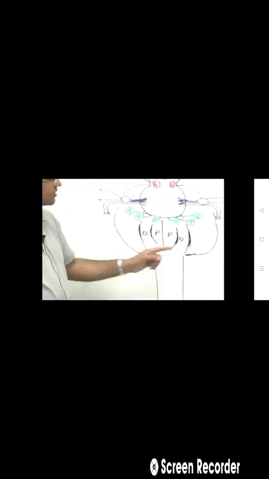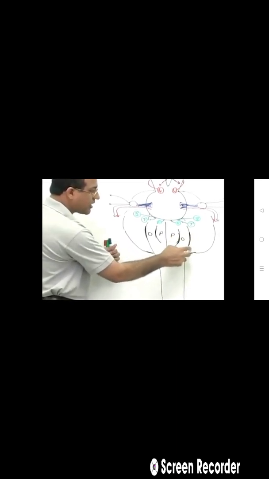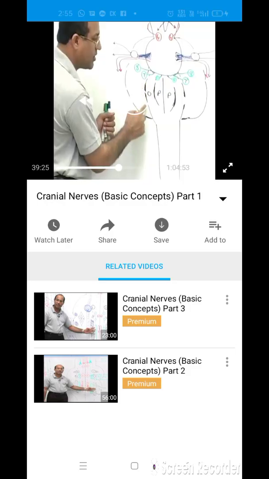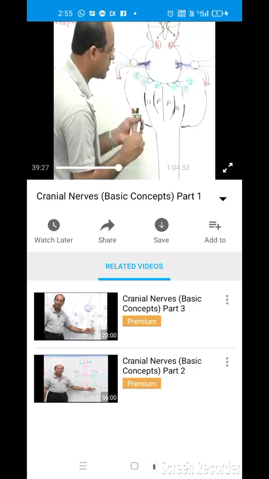Is that right? Now, if you want to really see in this diagram how these 9th, 10th and 11th are emerging, again, this is the point which is post-olivary sulcus, and here is the line which is post-olivary sulcus.